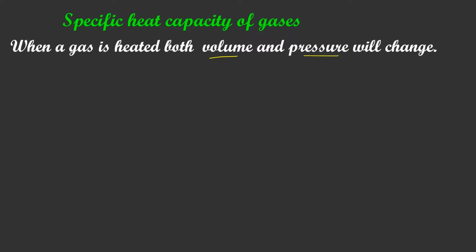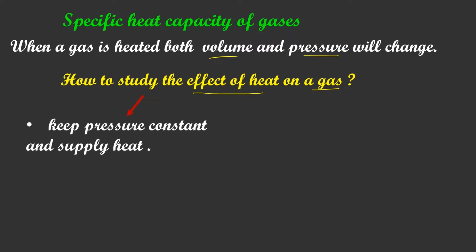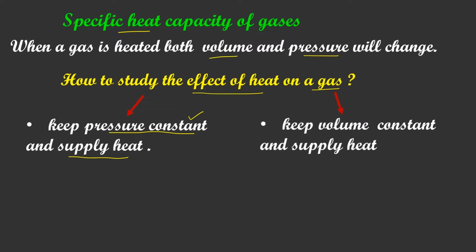Then, how can we study the effect of heat on gas? There is a problem. In order to overcome this problem, it is studied in two different ways. In one method, the pressure is kept constant and heat is supplied and the specific heat capacity is determined. In the second method, volume is kept constant and heat is supplied and then specific heat capacity is determined.